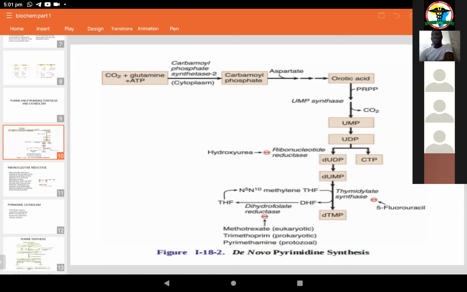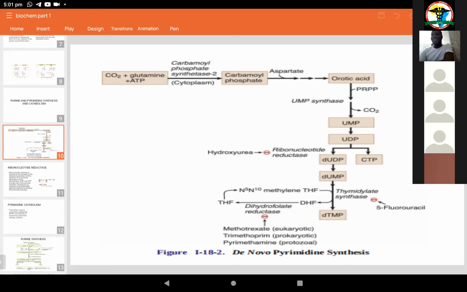For a cell to replicate, DNA has to be replicated, and for that, bases have to be synthesized, either purines or pyrimidines, especially pyrimidines. So if you inhibit the synthesis of nucleotides, you directly inhibit DNA synthesis and indirectly inhibit cell replication.